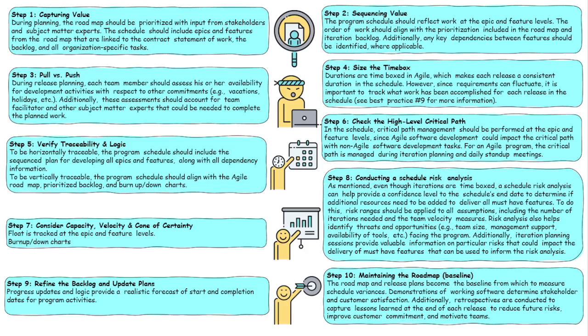And not just at the end of each release, at the end of each iteration, or whenever it makes sense to do so, we could conduct a retrospective. And the main goal is to improve customer commitment, motivate the team, get to the desired outcome. In the world of Agile, we favor outcome over output.